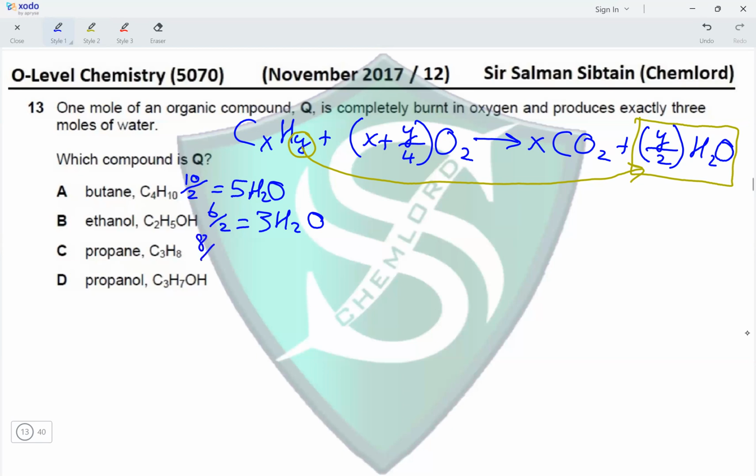So this would become 8 upon 2, which is equal to 4 moles of water being produced. And in propanol, it would be 7 plus 1, 8. 8 upon 2, which will give us 4 moles of water being produced. The question has asked us which will produce exactly 3 moles of water. So 3 moles of water are present here, making option B the correct option for this question.